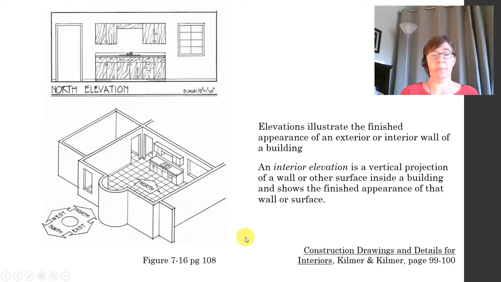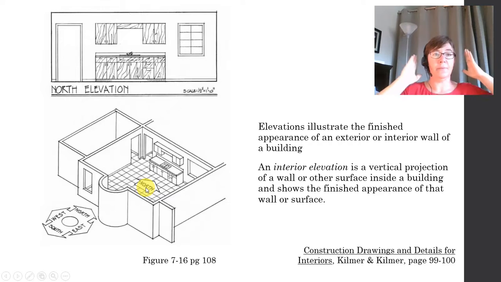So here's an example. This is a three-dimensional view of an interior room. So we're in the room. And if someone is standing, for example, right on this arrow and looking at this particular wall right here that looks like it has kitchen cabinets on it, they would see this elevation right here.